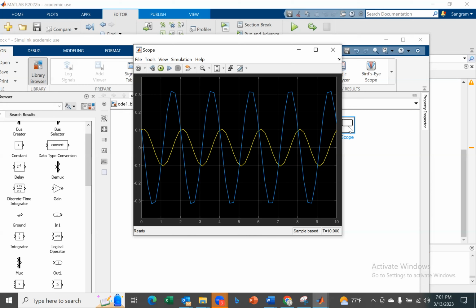Based on that position equation, we will find out the velocity of the end effector. And then we will find out the total kinetic energy of that robot. For example, if that robot has two links, then we will find the kinetic energy of the first link, and then the kinetic energy of the second link.